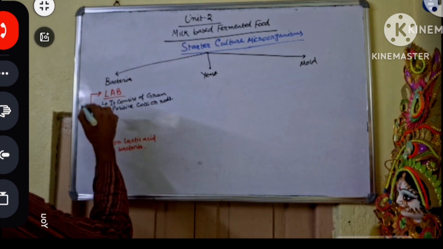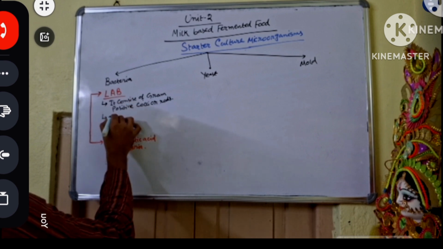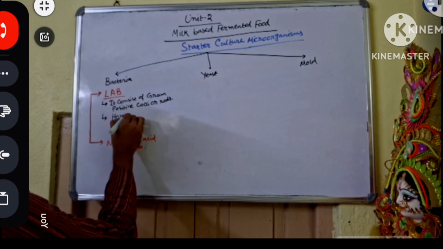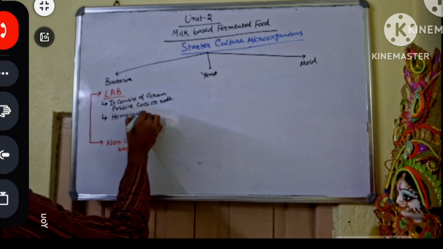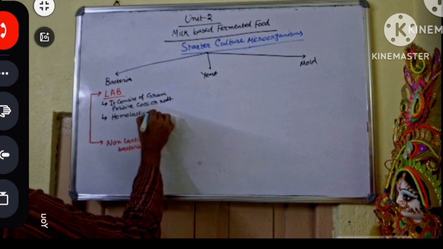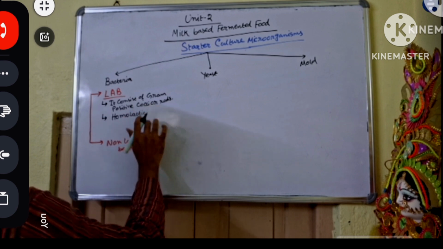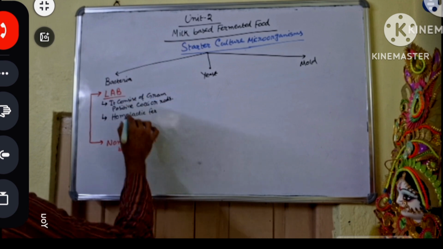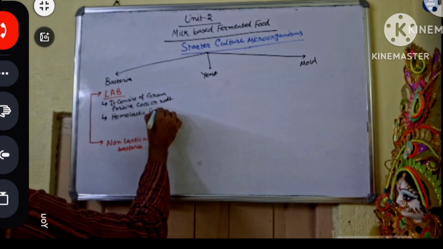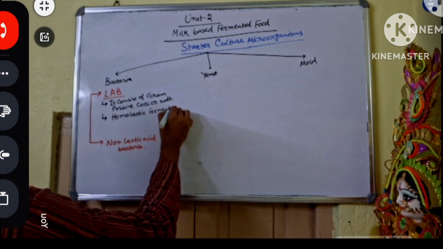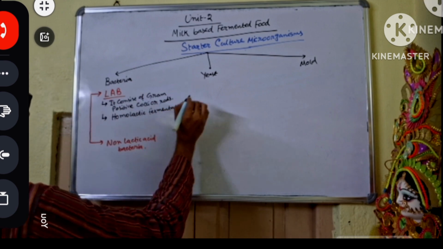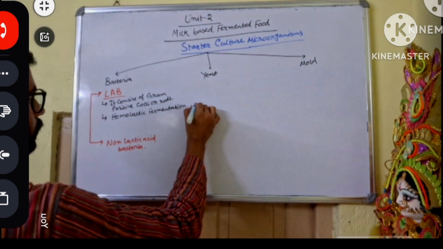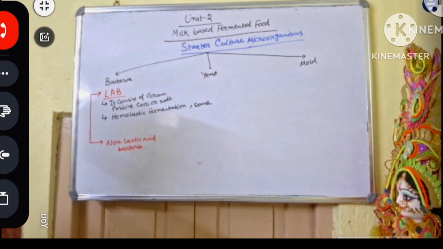Most LAB start homolactic fermentation. The majority of LAB create homolactic fermentation in the product, but some can also do heterolactic.